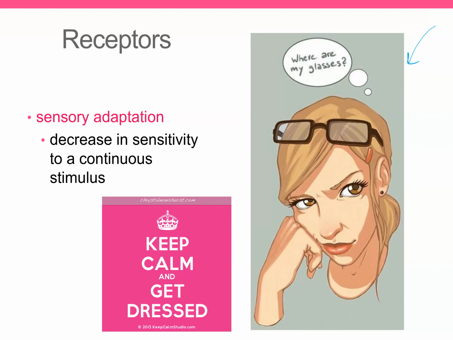And what's happening here is if you have a continuous stimulus, you're not going to continuously send this information to your brain that, hey, I'm wearing these dangly earrings, or hey, there's a necklace around my neck, or hey, there's glasses on top of my head, because your brain's getting the signal that, oh, it's there, oh, it's still there, oh, it's still there. And so it just kind of turns off that sensitivity until the necklace moves or the glasses slightly shift or something like that, till there's a new form of that stimulus coming in.